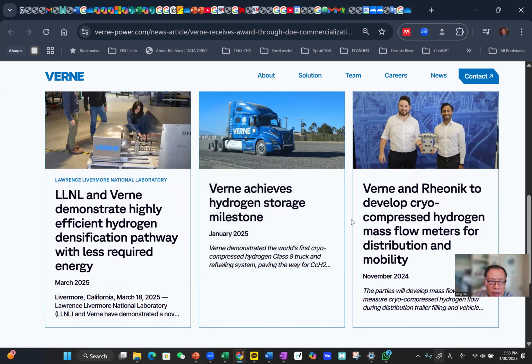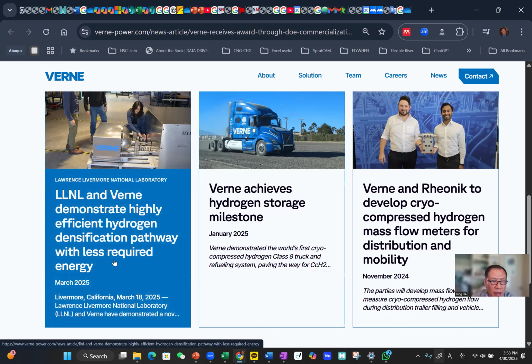And the Livermore National Lab and Bonnet demonstrate a highly efficient hydrogen densification pathway with less required energy. Again, very importantly, pay attention to the date when they received it, 2025, just 1 month ago.